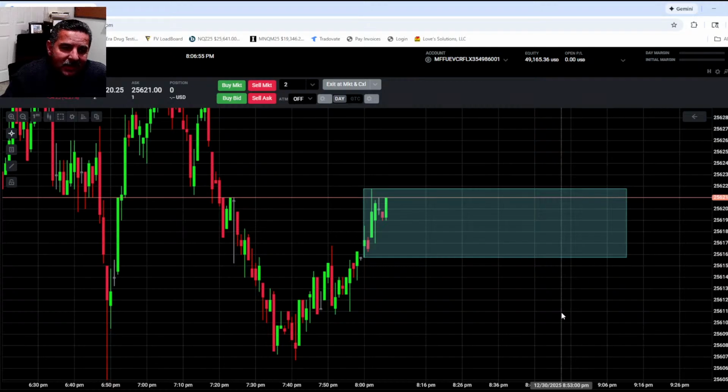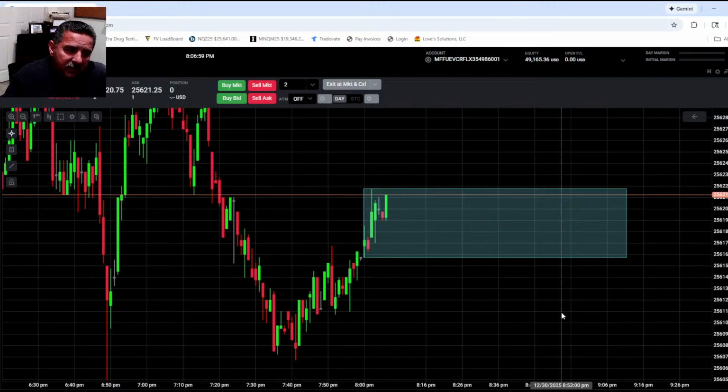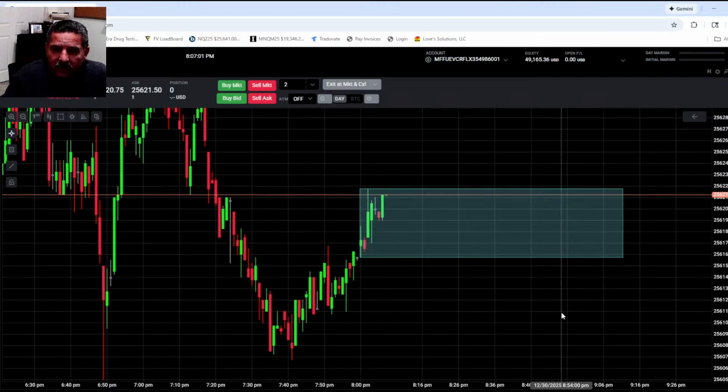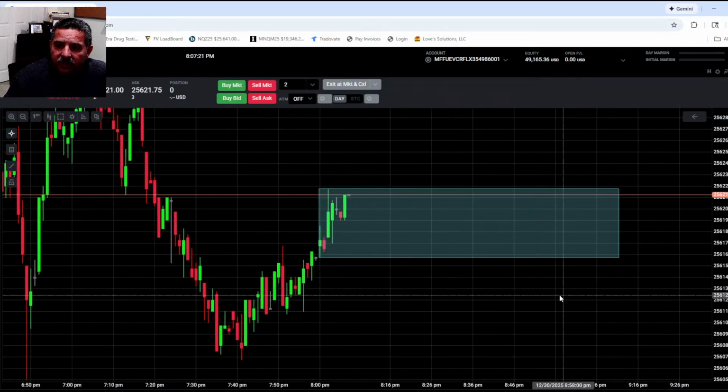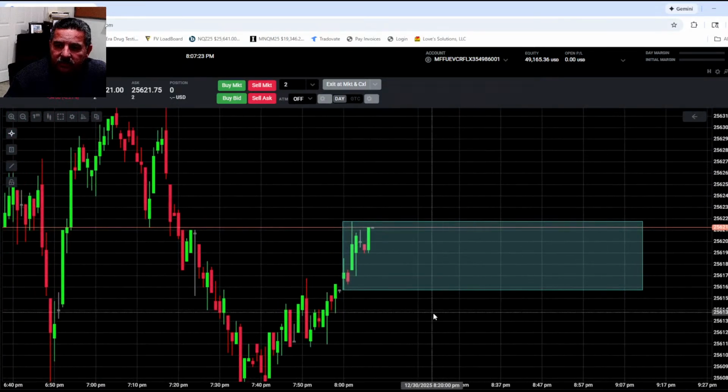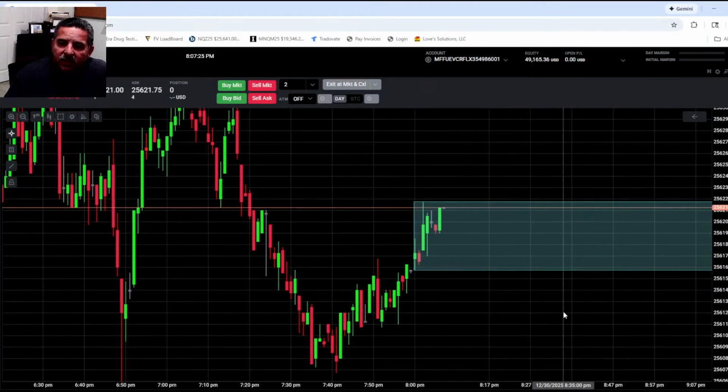Do you guys see how that candle just popped? That's the way it moves. If we were to go to some other chart, it wouldn't pop this way. This is not for beginners to trade. This chart right here is terrible.